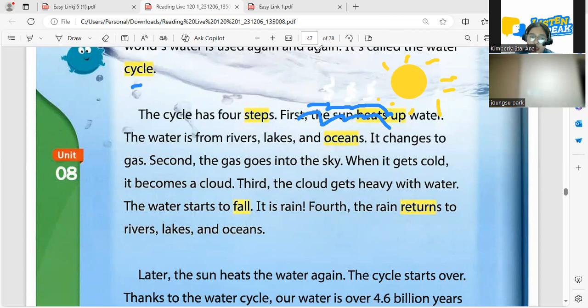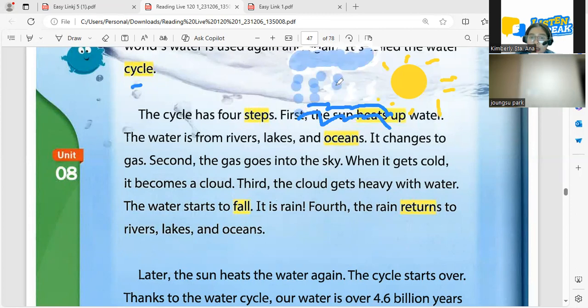And then what happens next? It will be a cloud. When it's very cold, it will become a cloud. And when it gets heavy, it will be filled with water like this. It will be filled with water and then it will be rain.